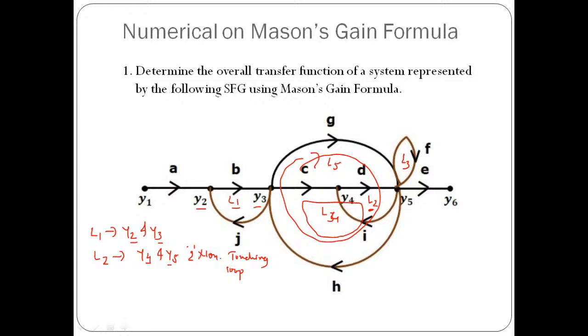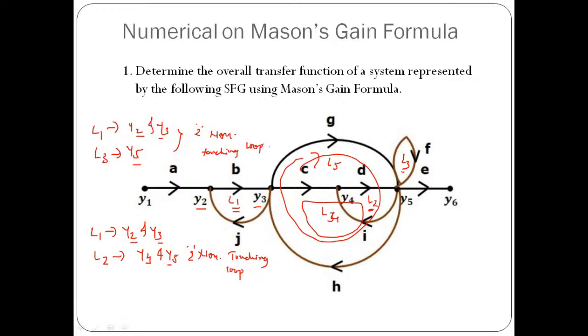In the same way, if you see loop number 1 and loop number 3, loop number 1 is formed between y2 and y3, whereas loop number 3 is formed at y5. We don't have any common node in between these two loops, hence this is another pair of two non-touching loops. I hope this point is clear to everyone.